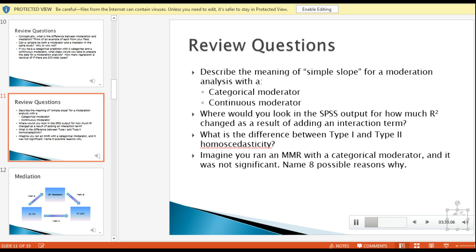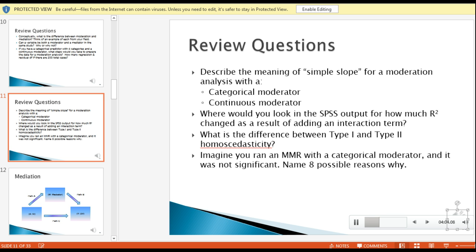So that is a trigger to you. If you see an exam item that asks you things to consider or steps to take when analyzing a moderation between a categorical variable and a continuous one, type 2 homoscedasticity assumption should be one of the things that comes to mind that is part of your routine for going through that analysis.